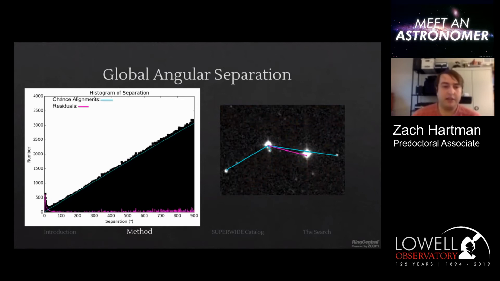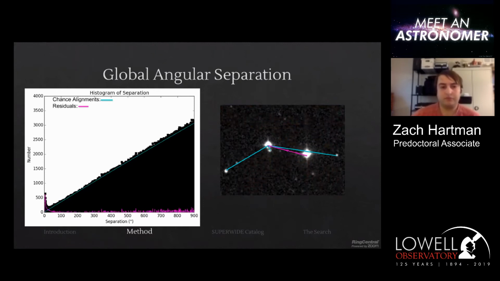As you get to higher and higher separations, you become dominated by chance alignments, which is the steadily rising distribution going to the right on the plot. But even the pairs at lower separations, where we think the real pairs are, are affected by chance alignments. As you see in the picture on the right, there is a really small separation chance alignment that, without proper motions, you would think is a real pair.